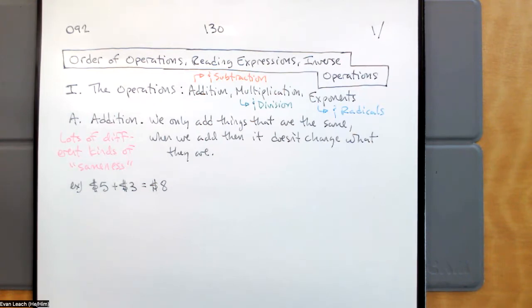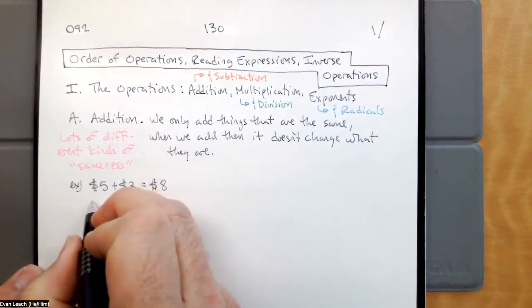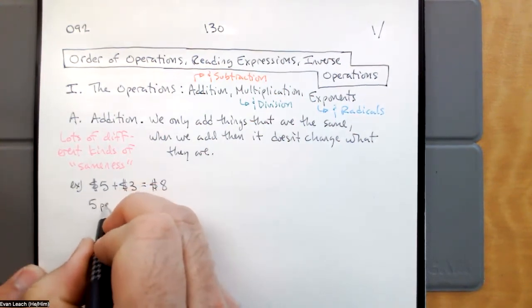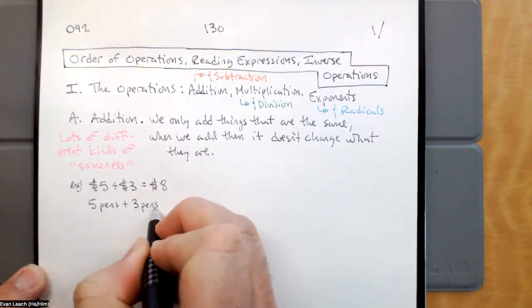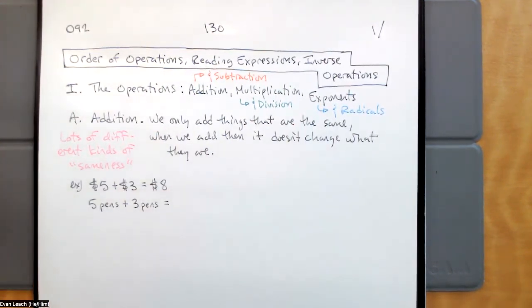It's $5 and $3. On my desk, if I have 5 pens, if I take out 5 pens and I add 3 more pens, then what do I have? 8 pens. I can add the 5 and the 3 because they both represent pens. And when I add them, it doesn't change what they are. They are still pens. And there are actually still 8 of them.